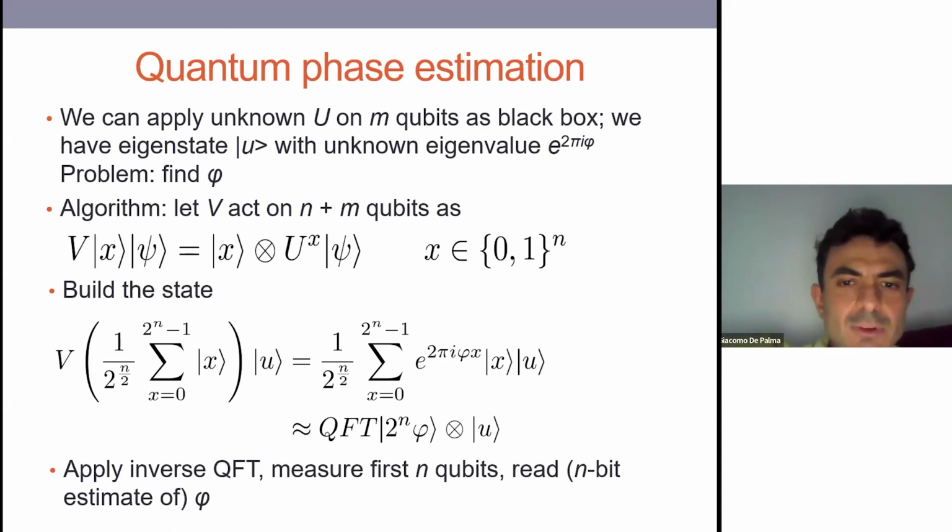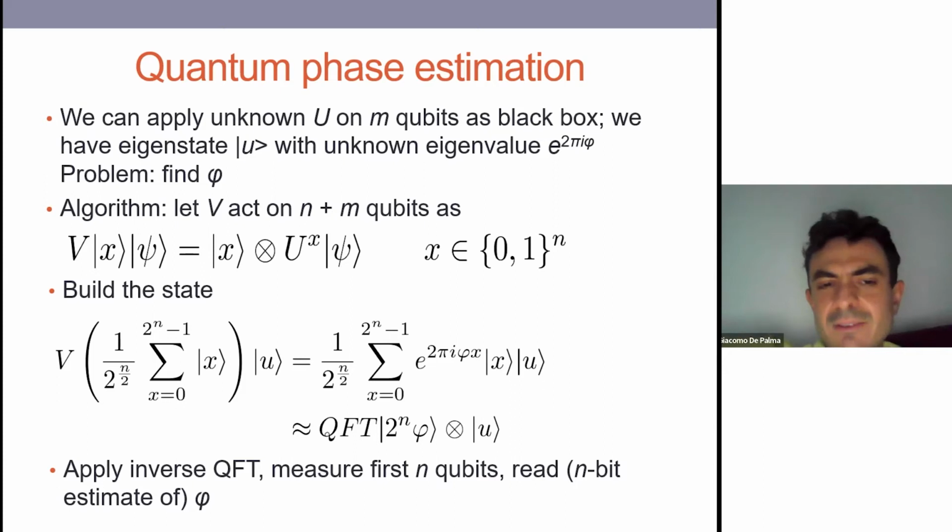And then you can ask, okay, but what happens if phi is not an integer multiple of 1 over 2 to the n? For example, phi may be not a rational number. Then in this case, it becomes a bit more tricky. You have to go through a bit of calculations, but what you find is that you can apply the same procedure.